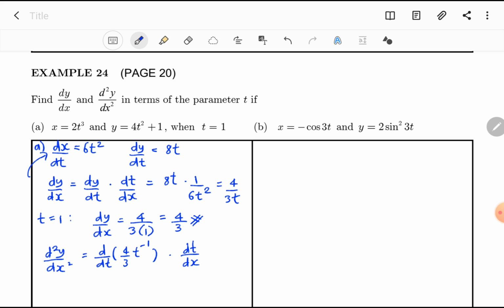Okay, we got the answer for dt/dx already. So we just need to find the derivative of dy/dx with respect to t. So 4 over 3, the coefficient. We use the power rule, so negative 1 t to the power of negative 2, and times dt/dx is 1 over 6t squared.